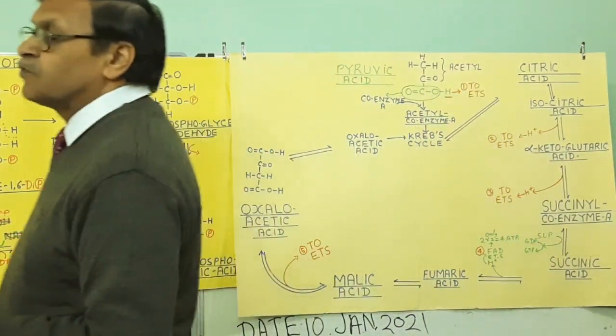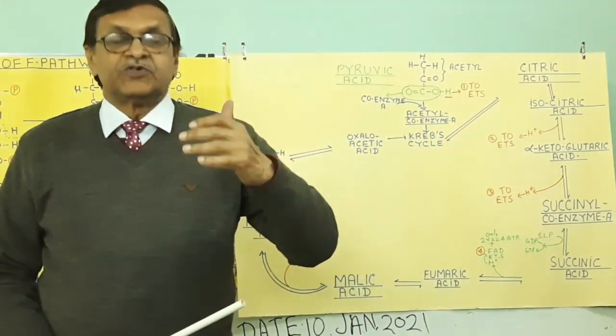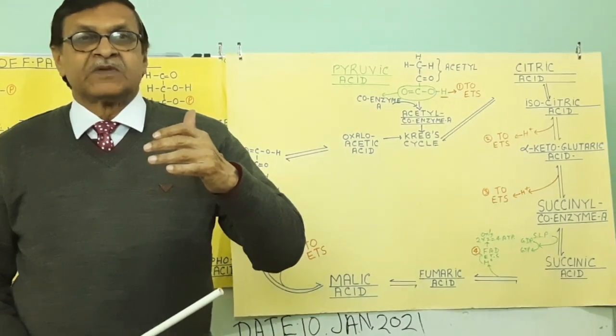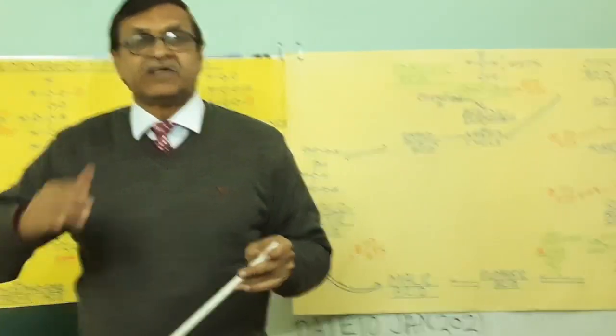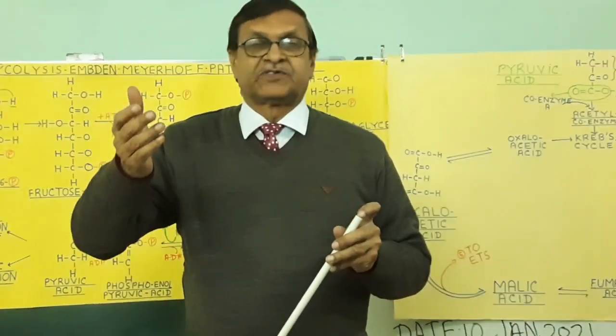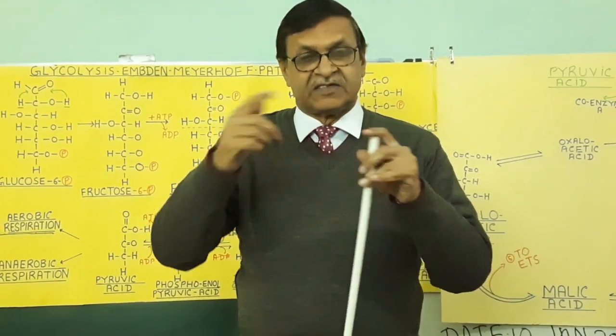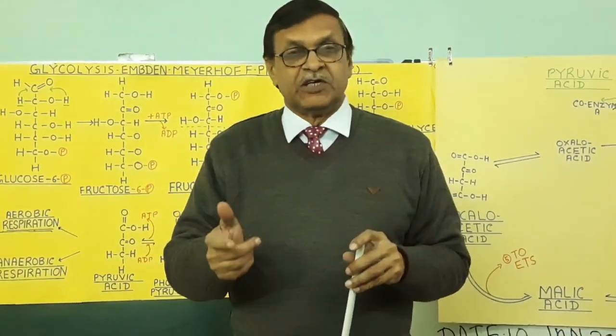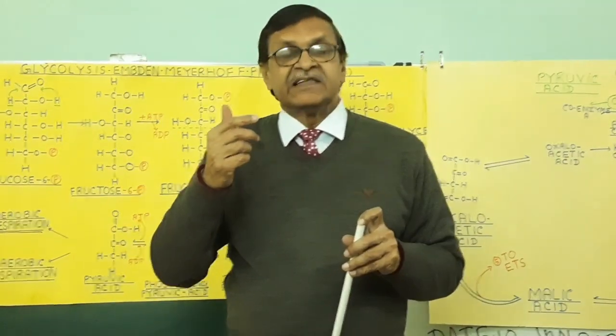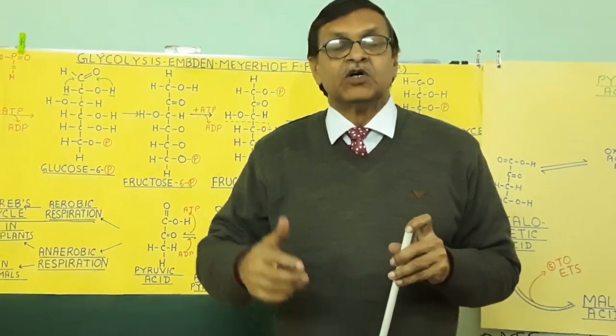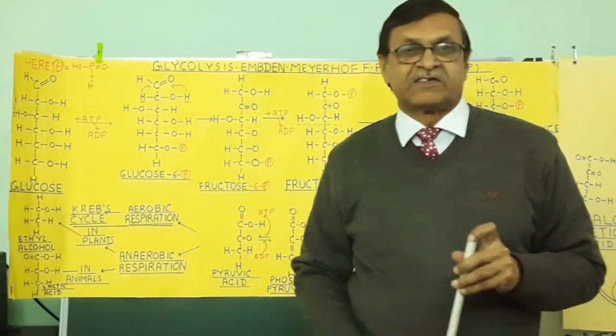Now let us see, for students of advanced classes, how the functional groups are uniting or separating from the molecule, and at the level of structural formula what changes are taking place.